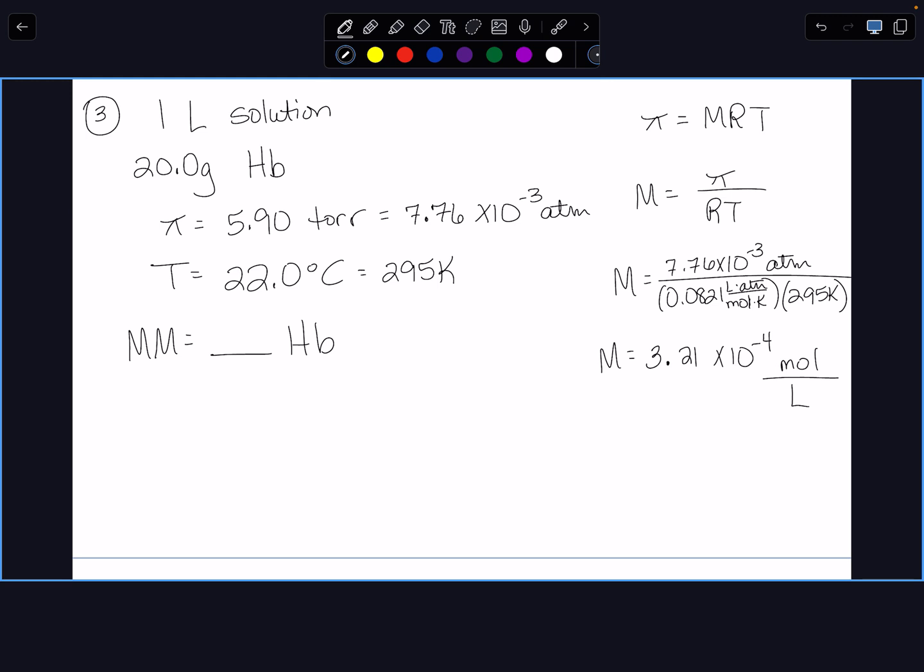Tell me when y'all get to molarity. That's what I got over there on the right of the board.